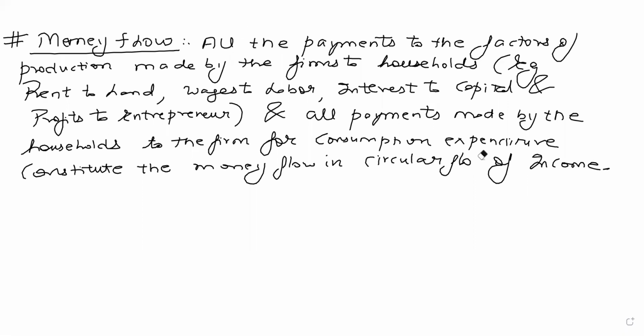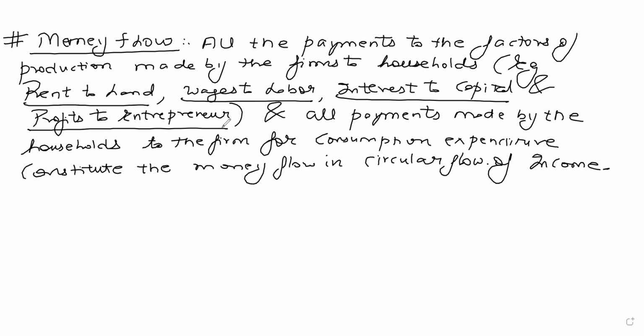So quickly revising it with all the students, you can see that households are providing factors of production to the firms, and firms are paying rent to the land provided by the households, wages to labor provided by the households, interest to capital which is provided by the households, and profit to the entrepreneurship skills which are again provided by the households.